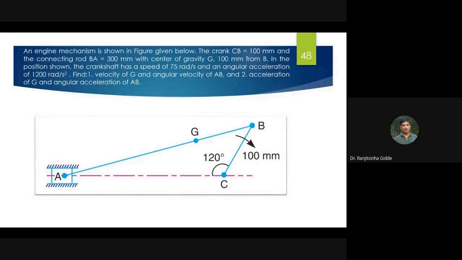So I will dictate, or you can write from the screen.